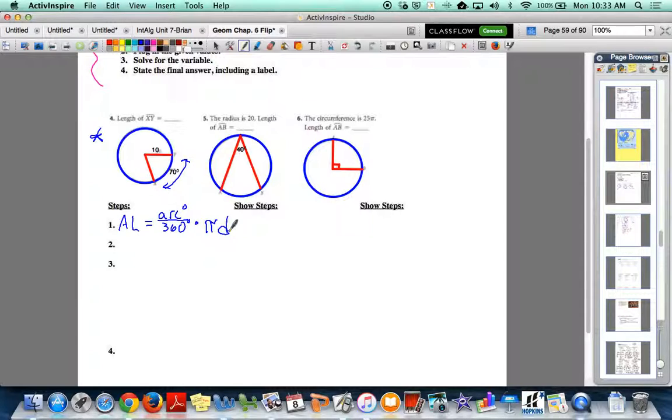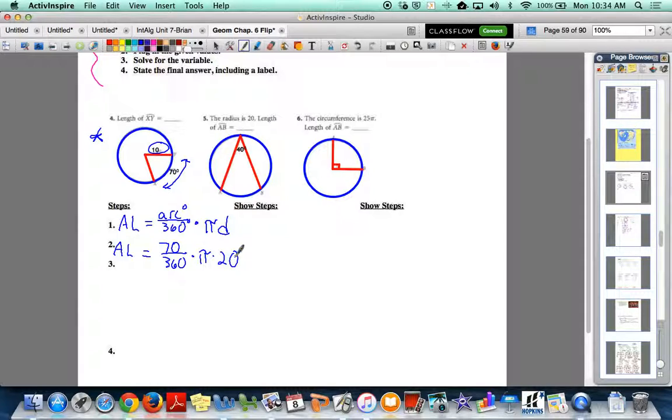So plugging some numbers in here, arc length is equal to 70 out of 360 times the circumference. Now notice that the radius is 10 units, so the diameter is 20 units. So we have to make sure that we put in the correct number.